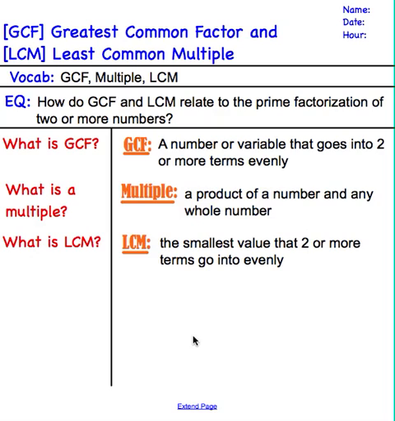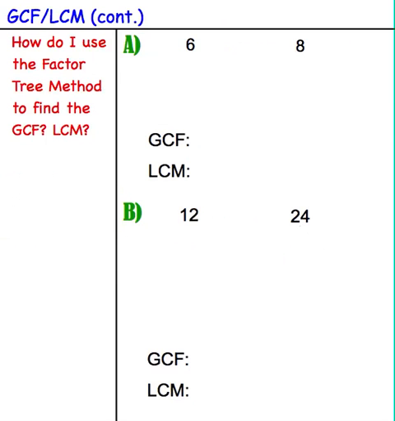So now that we have these terms, let's take a look at a couple different methods for finding GCF and LCM. Our first method is to use the factor trees that we used yesterday. I know that 6 breaks down into 2 times 3, and 8 breaks down into 4 times 2, with 4 being 2 times 2.